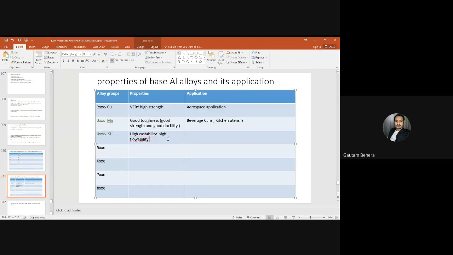Can anybody guess why aluminum silicon alloys have high castability or high flowability? This is because when we add silicon into the aluminum at a definite composition, it forms a eutectic, so there is easy melting.